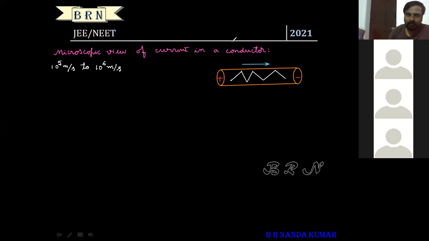So now an electric field is produced. The electric field direction, as I am now mentioning, is opposite to the direction of flow of electrons.